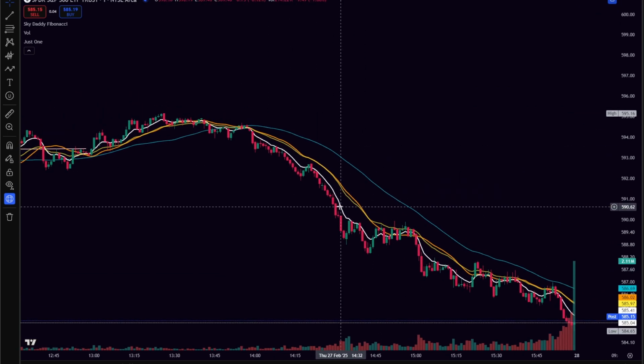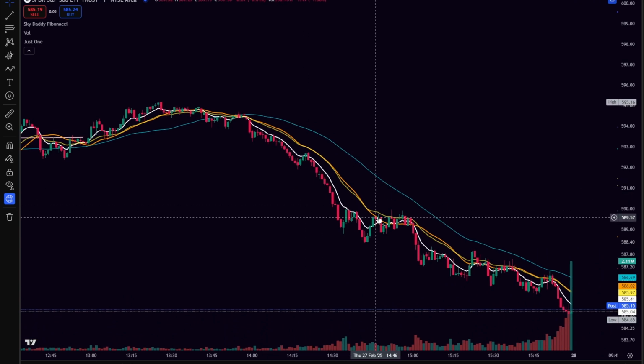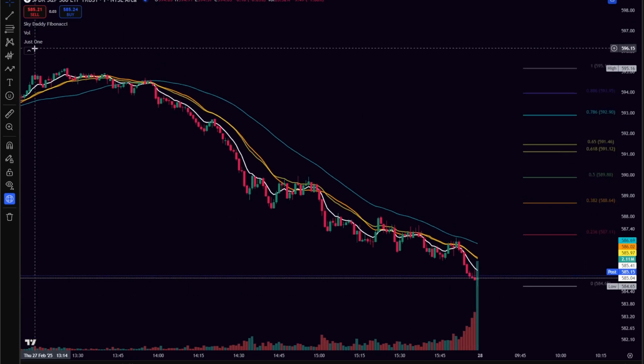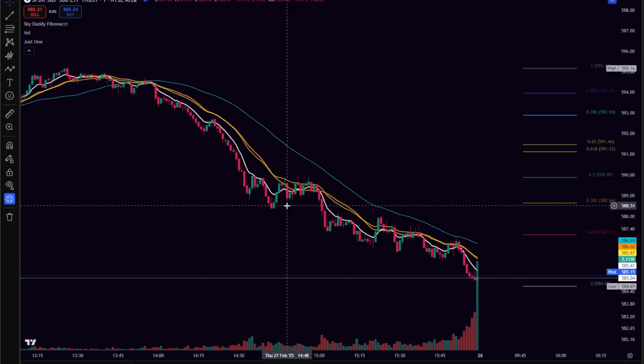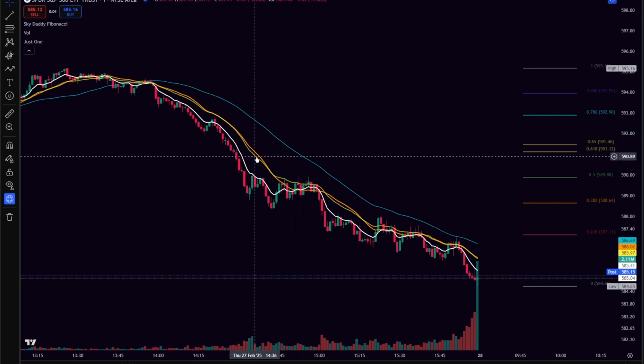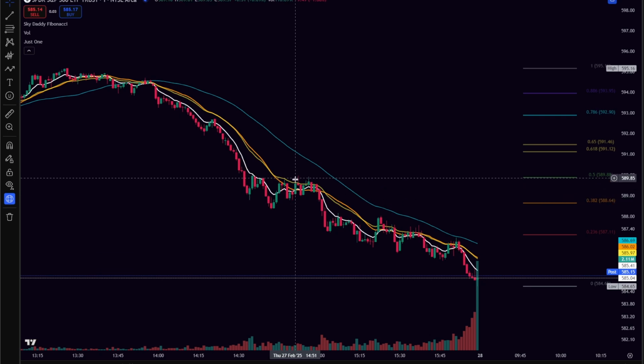Also, look at where the 21 EMA is in comparison to the 20 moving average. When the 21 crosses behind price, we know that price is settling. A lot of times when you see this, we were in front and we fell behind, and we get consolidation.